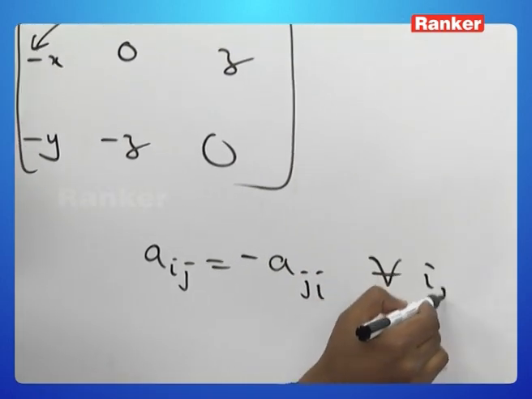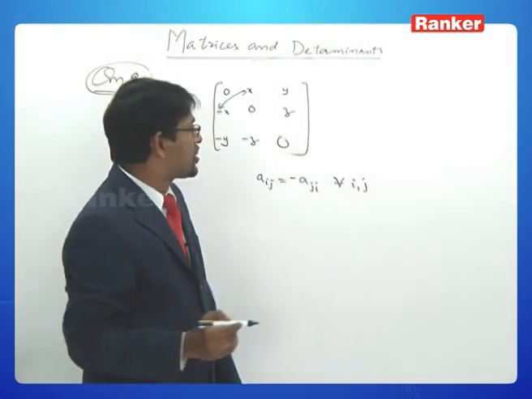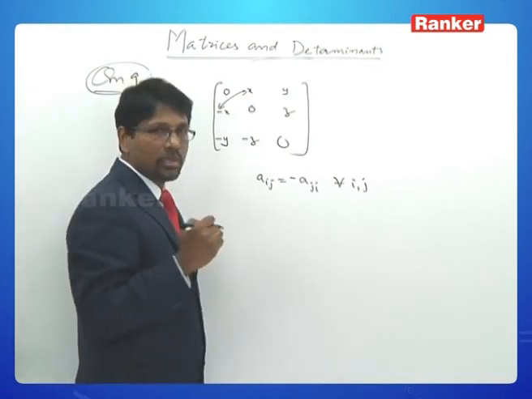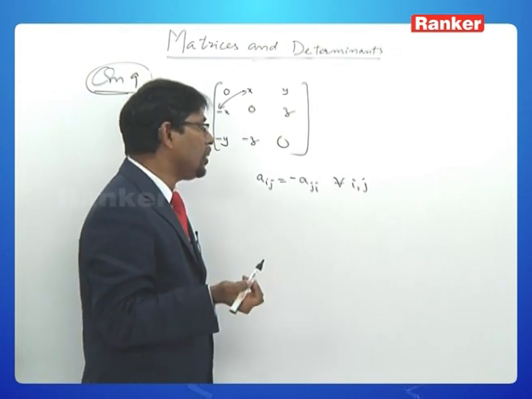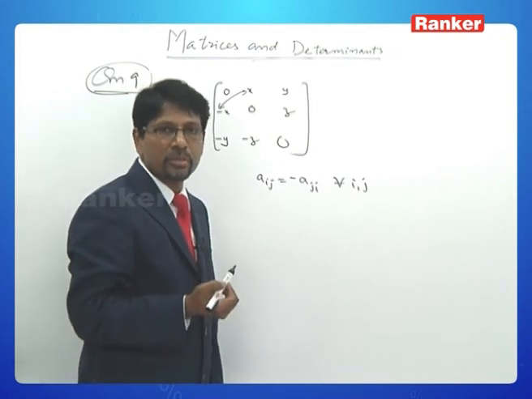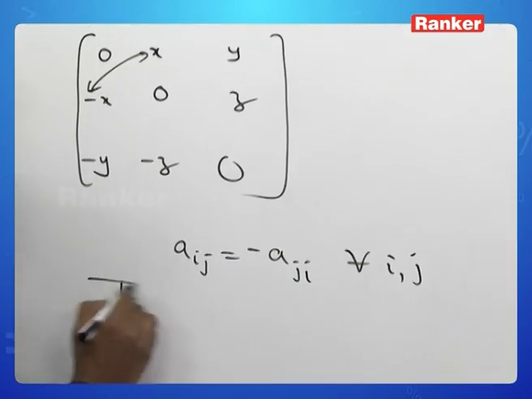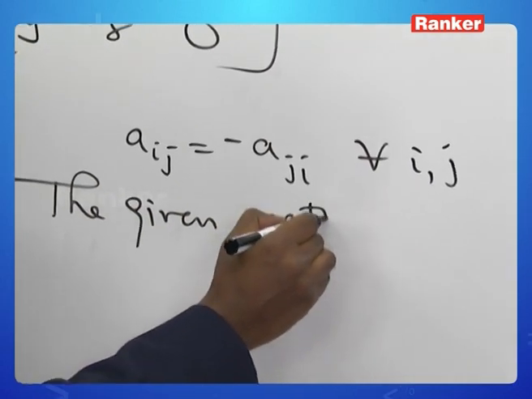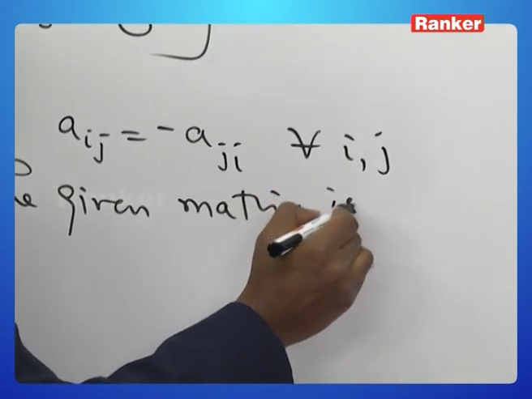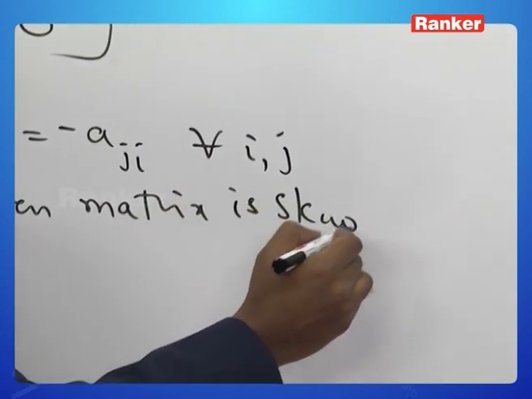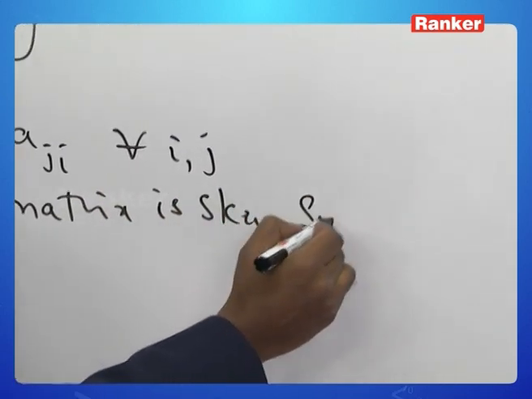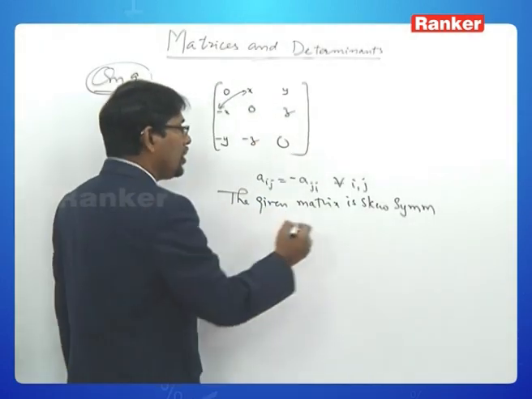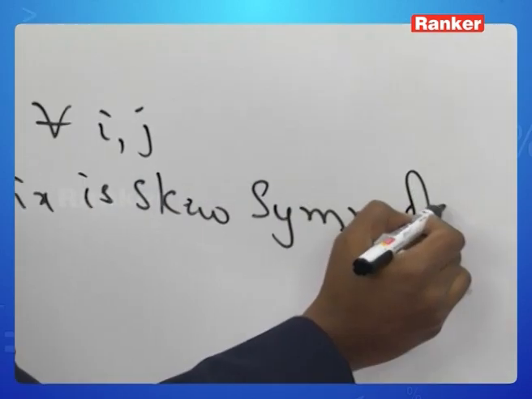This is the condition being satisfied by the matrix whose determinant we are trying to find out. That type of matrix we know is a skew symmetric matrix. So the given matrix is a skew symmetric matrix of order 3.